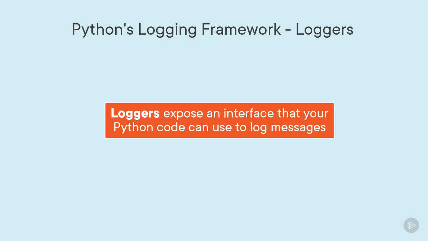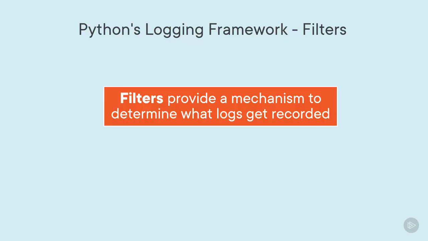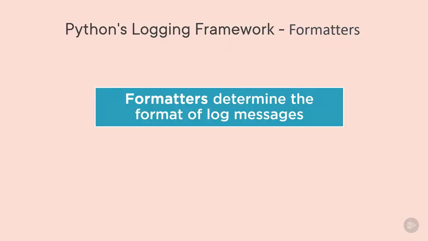Now this is exposing an interface that your Python code can use to log messages. And then we have log record, and these are instances that get created automatically by the logger module whenever something is logged. And then we have filters. Filters provide a mechanism to determine what logs actually get recorded. And then we have formatters that determine the format of log messages. So if you have some sort of custom format, this is going to go ahead and handle that for you.